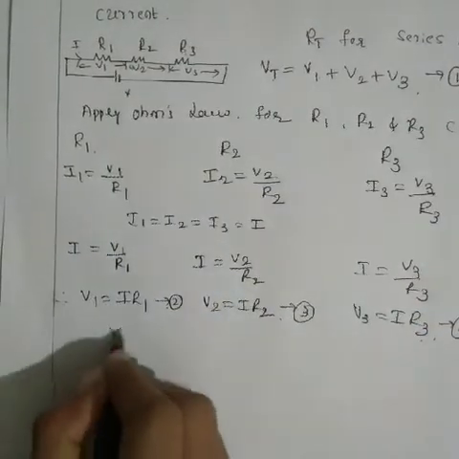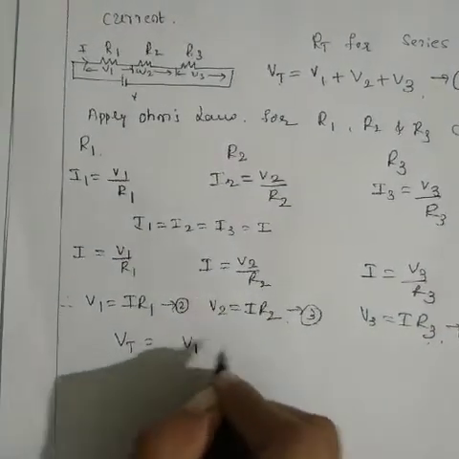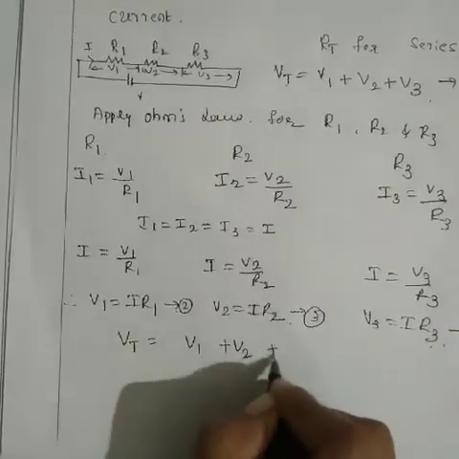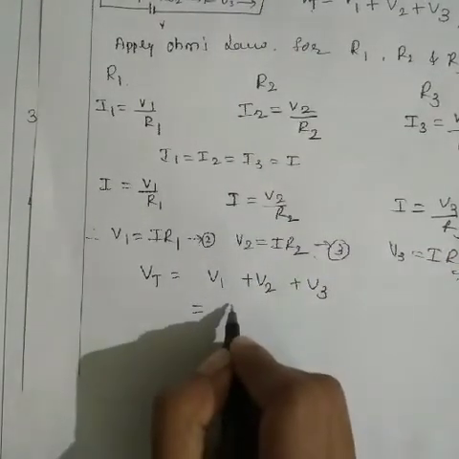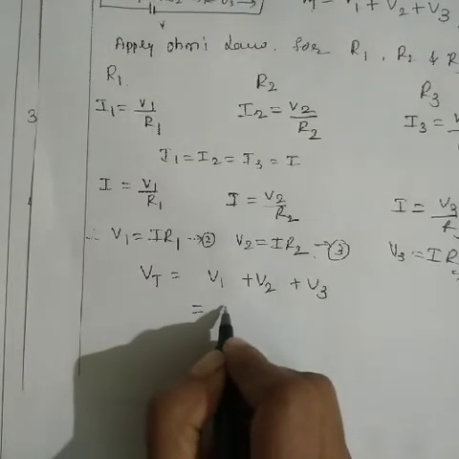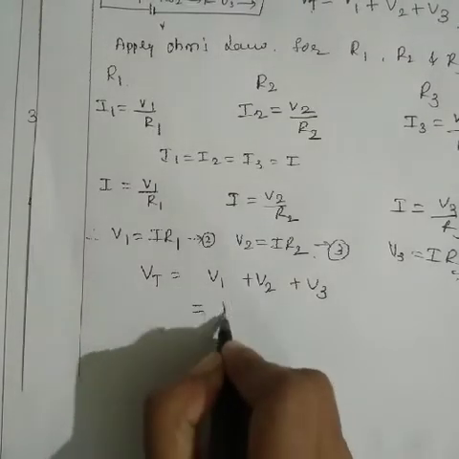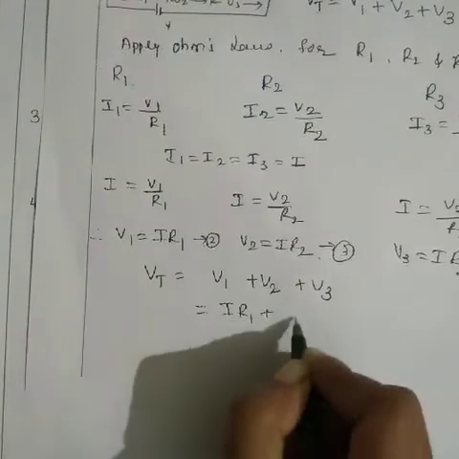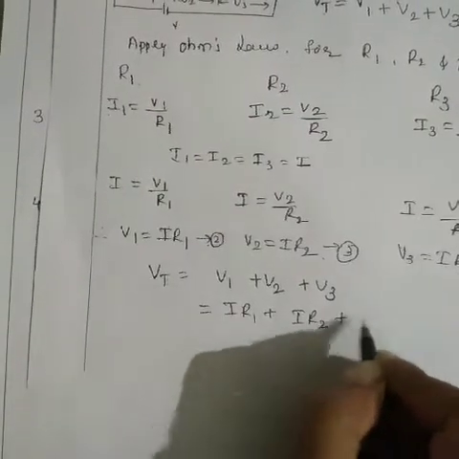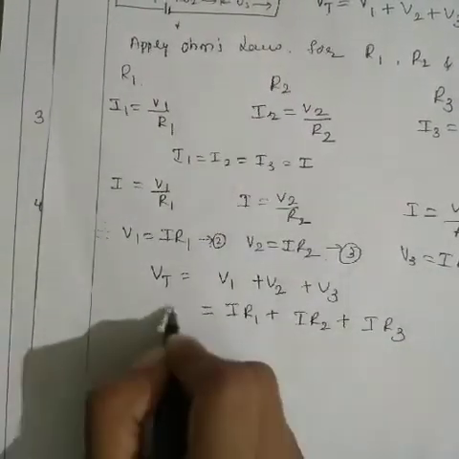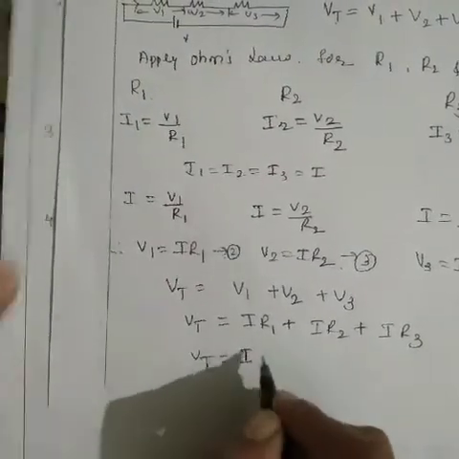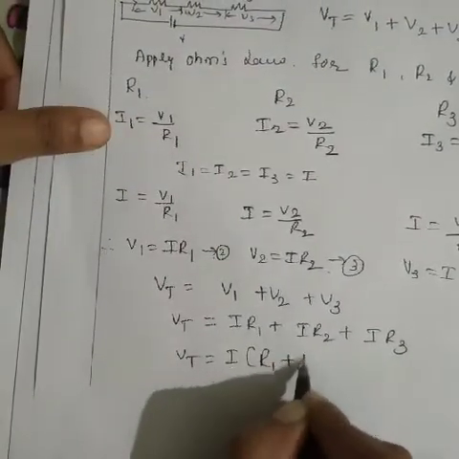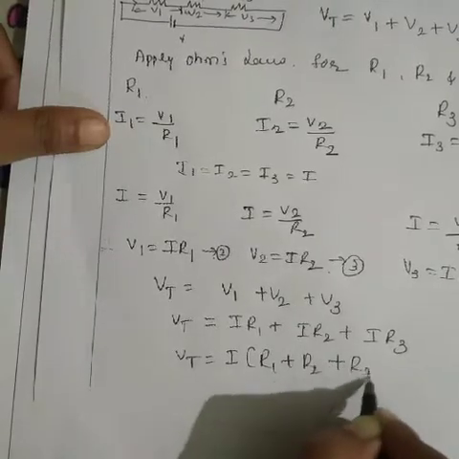That is Vt is equal to V1 plus V2 plus V3. You can replace V1, V2 and V3 with I into R1, I into R2, I into R3. Vt is equal to, taking I as common, I into R1 plus R2 plus R3.